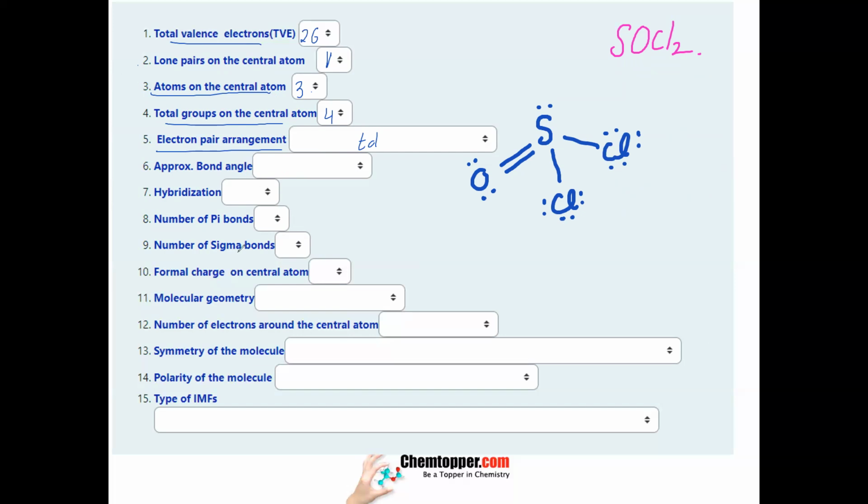Very good, Shashank. Approximate bond angle. Hybridization. Approximate, you will put this, you will get this option only. Hybridization.